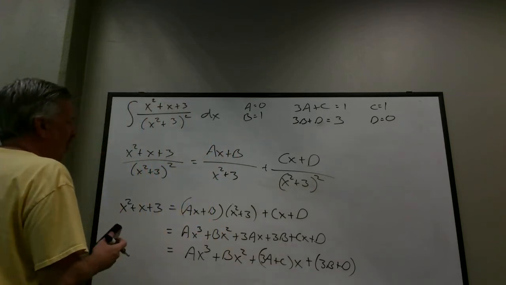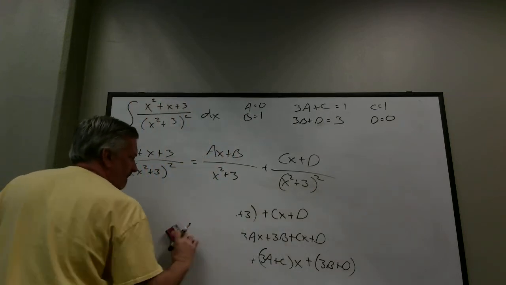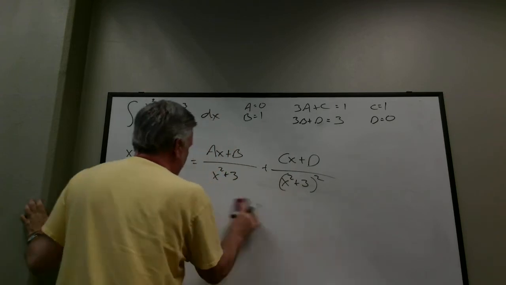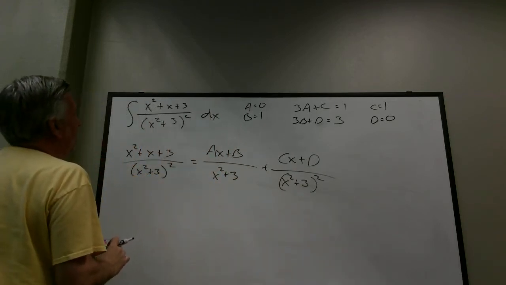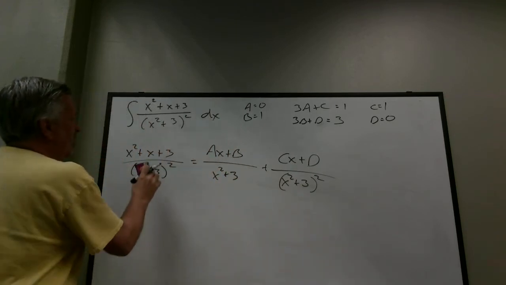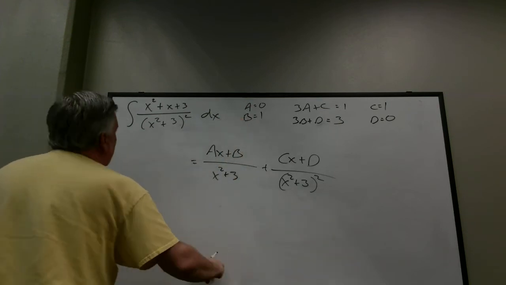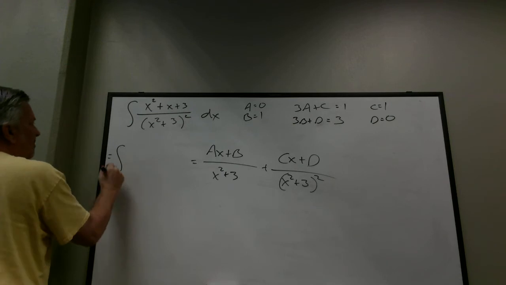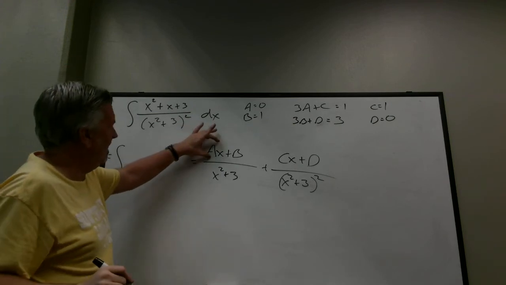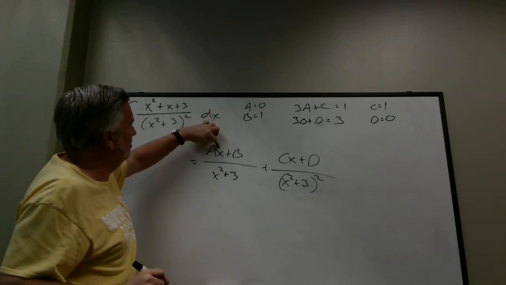Okay, so now let me rewrite my integral here. I don't want to get rid of that. I need to plug in my A's, B's, and C's. So my original problem turns out to be the integral of ax plus b. Well, a is 0 and b is 1.